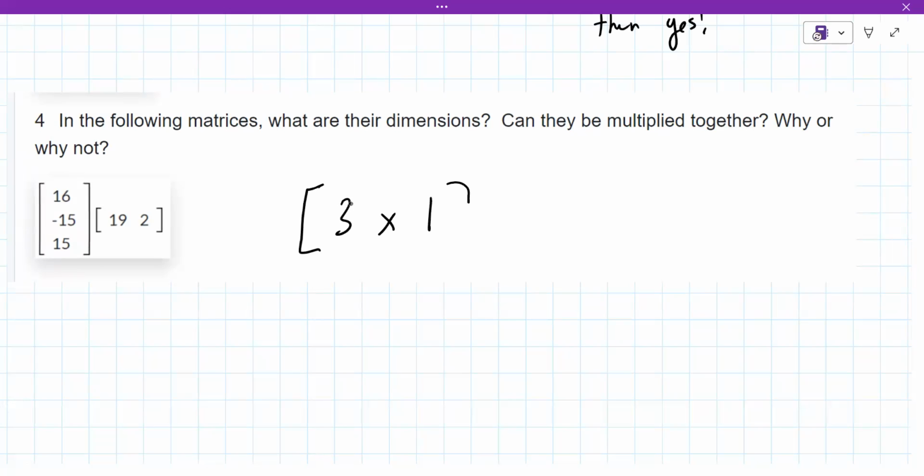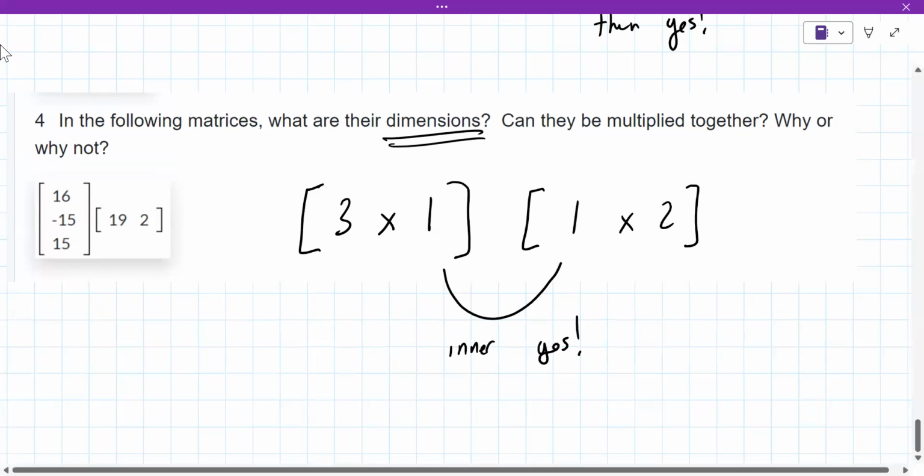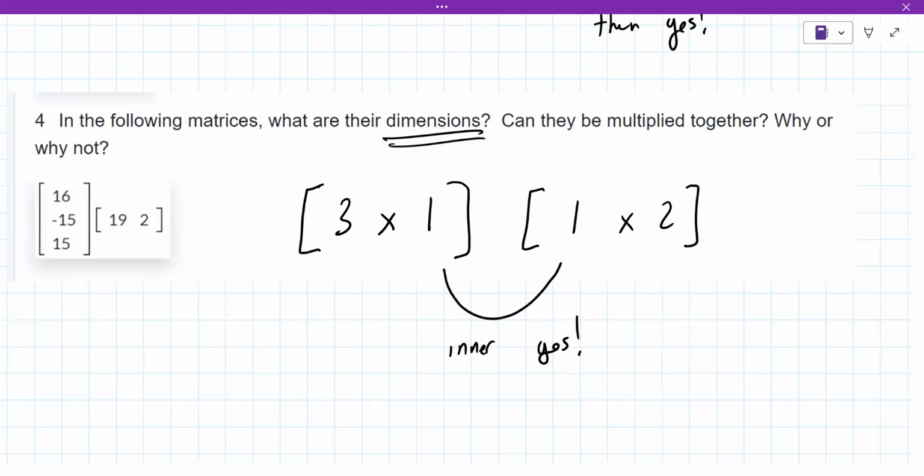Agree. And then the other one is 1 row and 2 columns. So that's the dimensions. Can they be multiplied? If the inner dimensions match, then yes, they can. Yeah, they can be multiplied.